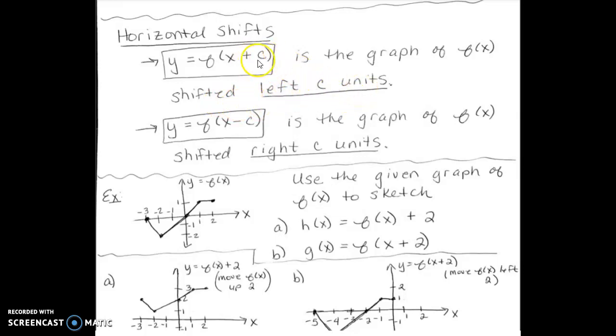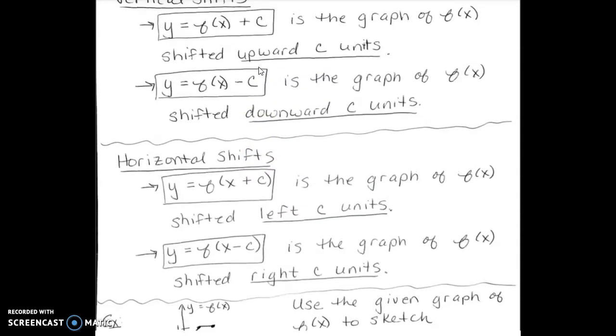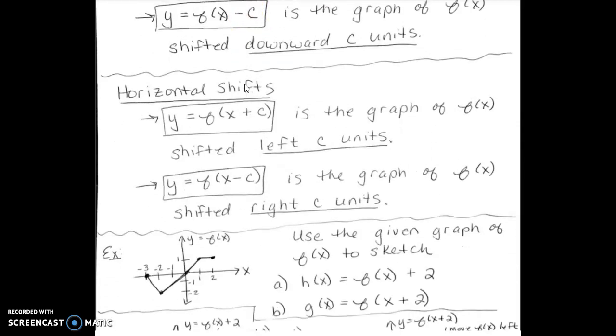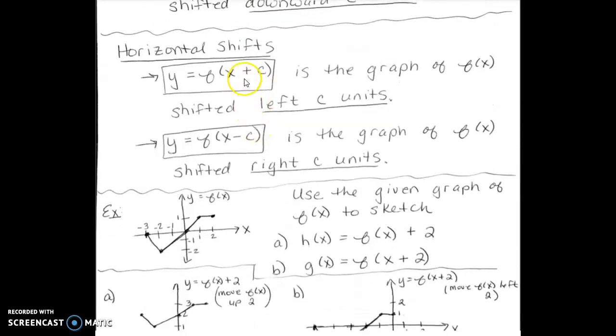So we're going to move left or right when we're adding or subtracting inside, and it's backwards of what you might expect. Vertical shifts make sense. Adding moves up, subtracting moves down. Horizontal shifts are backwards. So adding on the inside is going to move to the left.